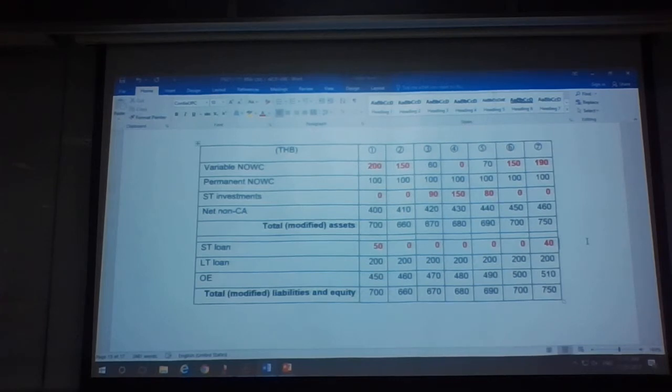And number 2, the rest must be financed by long-term funds, including part of the variable net working capital, okay, the whole part of permanent net operating working capital, and all non-current assets. And third, like we said before the break, the line that tells whether you are more conservative or less conservative can move up and down. If you use more long-term capital to finance assets, you are more conservative.